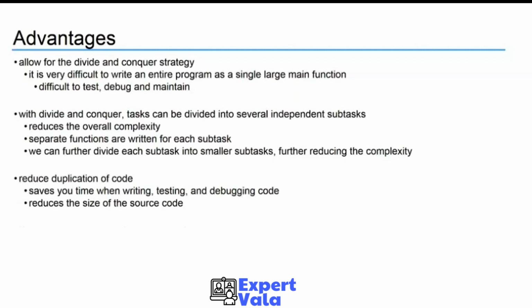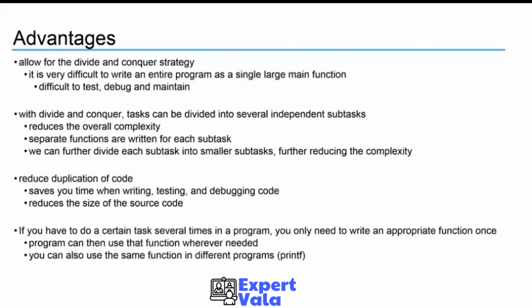Because if you have a task, instead of doing that task over and over and over again, you put the task into a function, and you just invoke the function, and the function will do it for you each time. You don't have any duplication there. If you have to do a certain task several times in a program, you only need to write an appropriate function once. Just like I mentioned, you don't need to write that code multiple times.